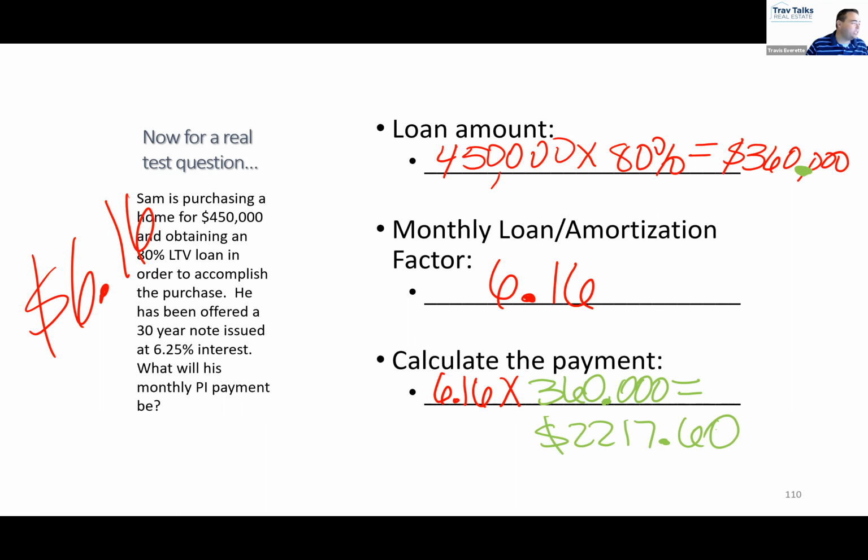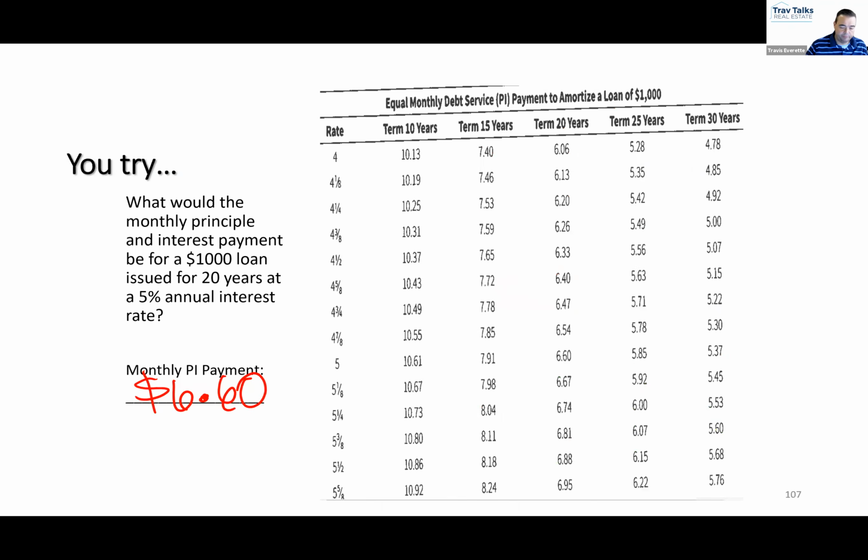So I'm going to go back and just put the chart on the screen for just a second. And I'm going to add to this question because I want you to do one completely by yourself. You can still use the 5% interest here at 20 years. That's fine.